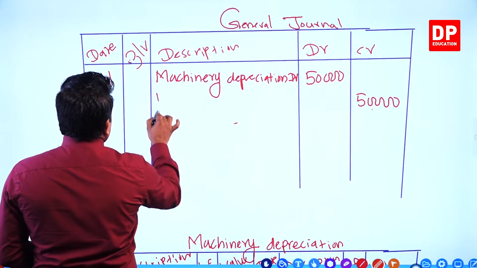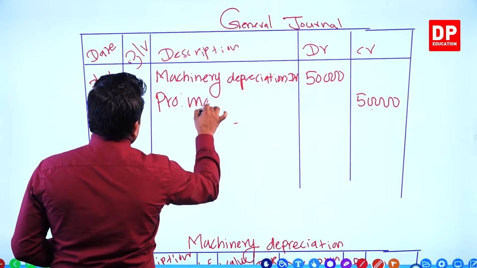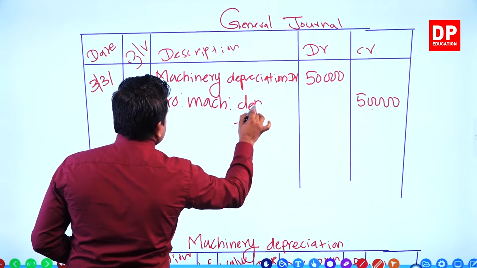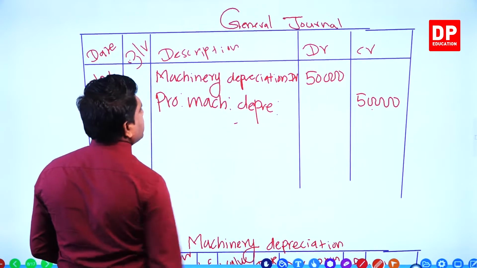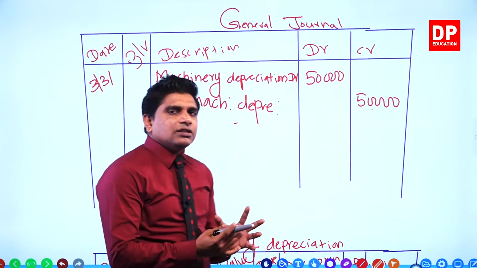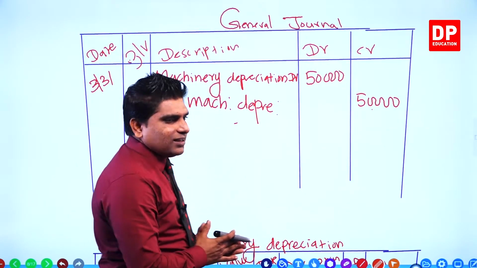Provision for machinery depreciation, credit. Then what you write? Recorded annual machinery depreciation. It's a narration, right?